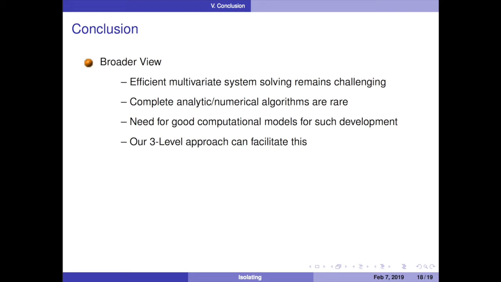The broader view is that multivariate systems remain very challenging, and complete and analytic numerical algorithms are rare because people don't make them effective. Finally, we need good computational models for such developments. So I'll stop here. Thank you.